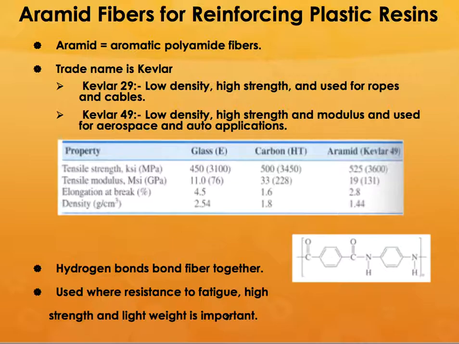And the next one is Kevlar 49, which is used for aerospace and automotive applications. Basically, these are fibers where there are hydrogen bonds bonding the fiber together, and you need extremely good resistance to fatigue, and you need high strength and lightweight. These could be used for bulletproof vests and things like that.